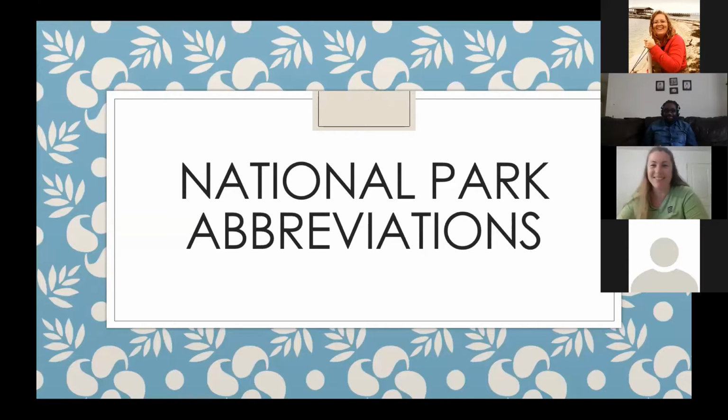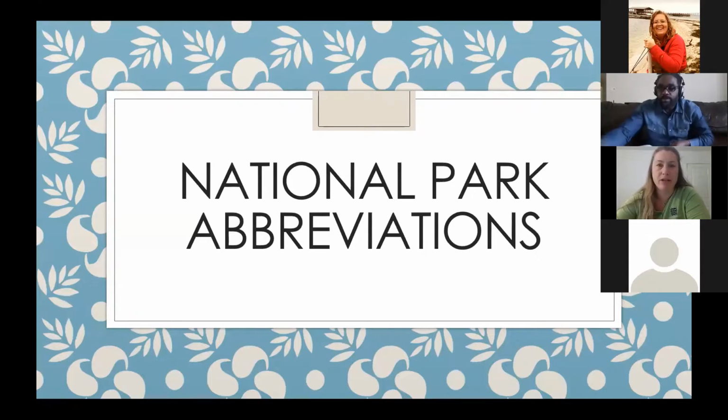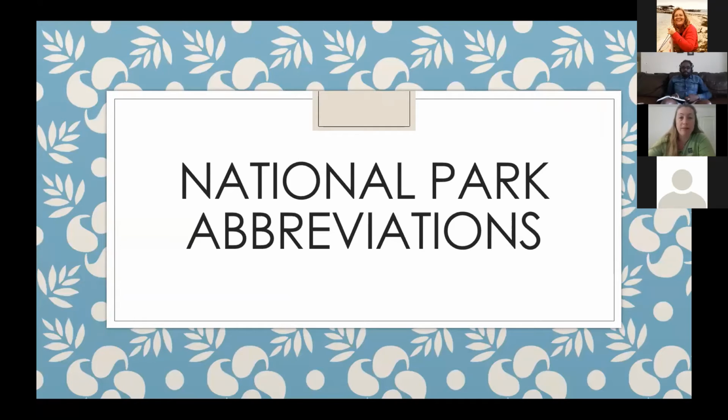All right, awesome. So national parks have abbreviations just like species do. With scientific species names, a lot of times it's the first two letters of the genus and then the first two letters of the species. I'm going to advance and go through the PowerPoint.